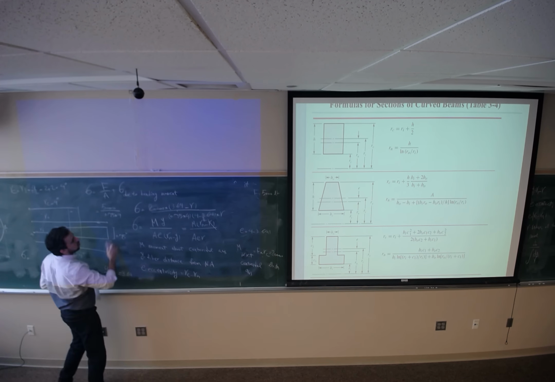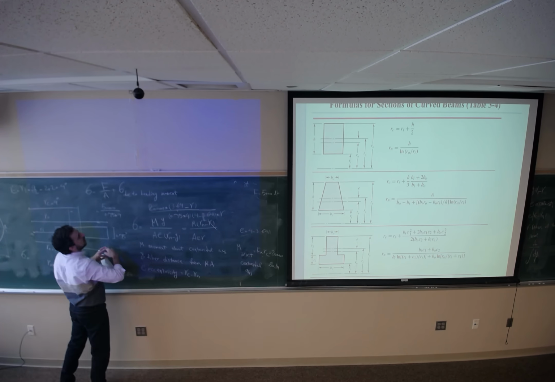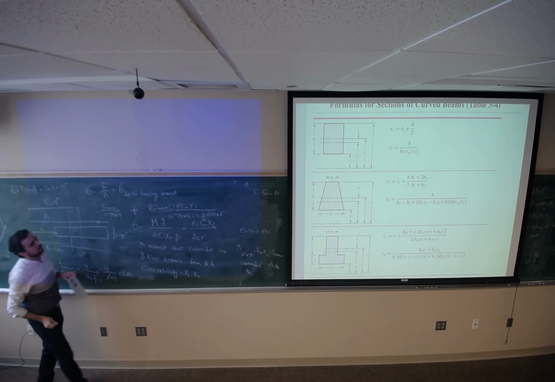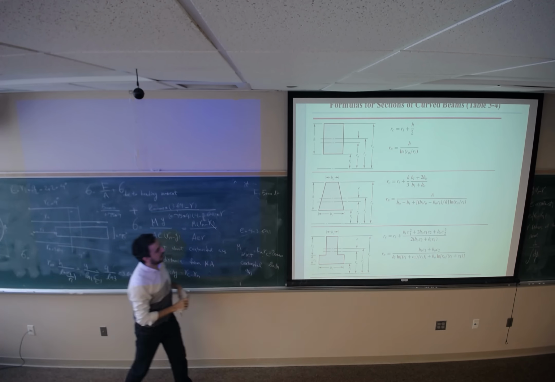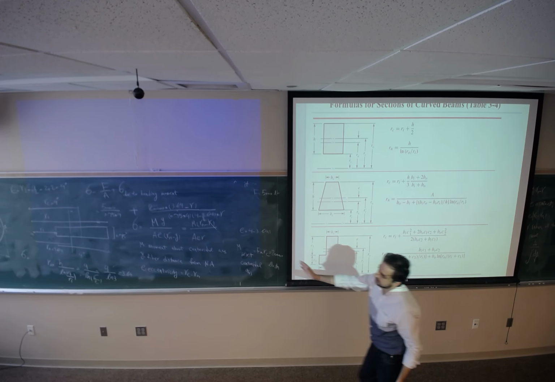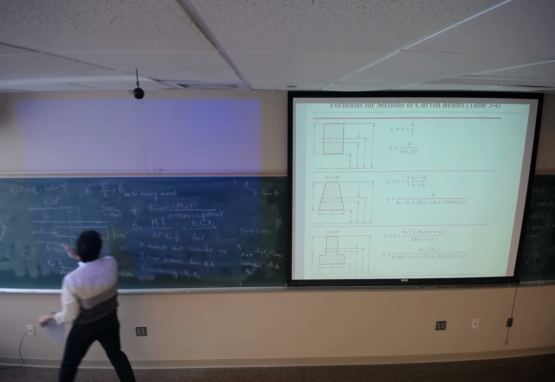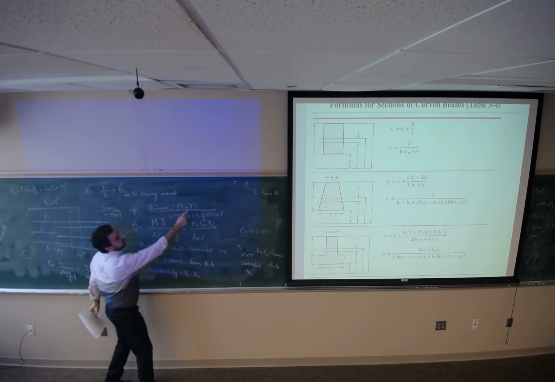Now the summation of these two is going to give me the stress over this cross section. If you want to find the stress at the inner radius, you just plug in Ri.